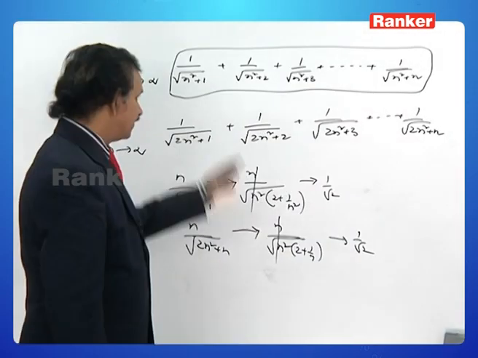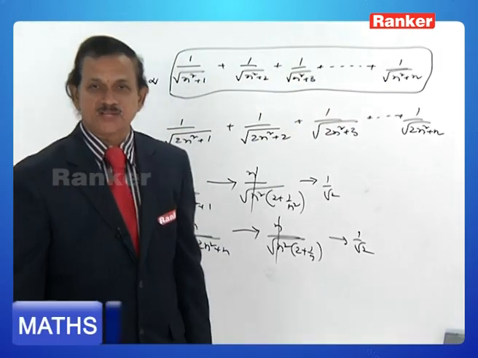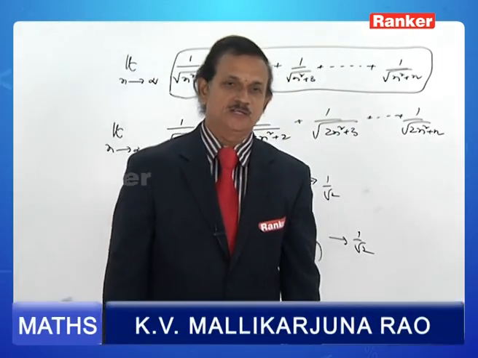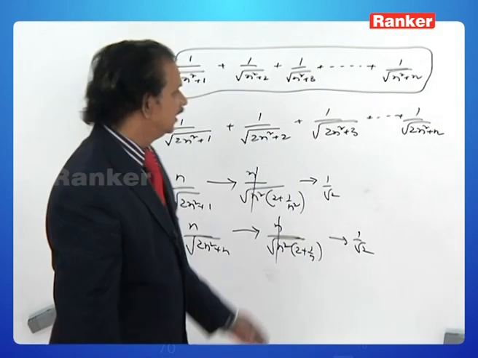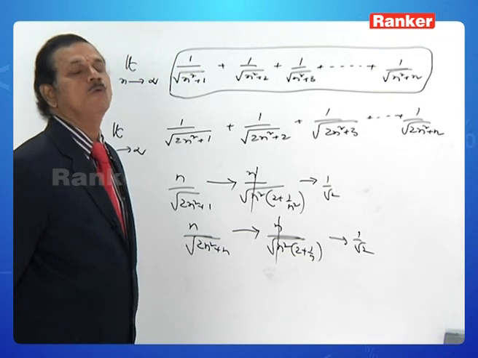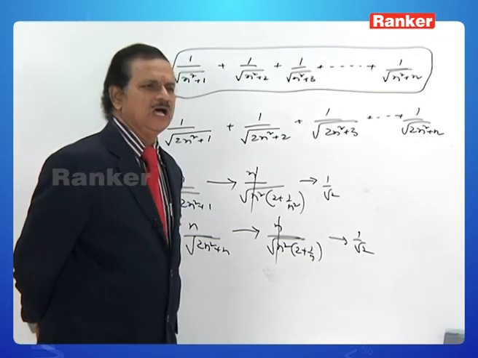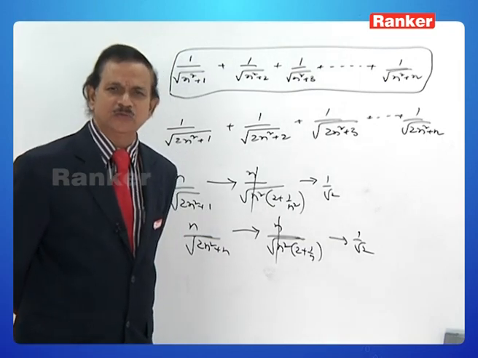Therefore, the first term with n and the last term with n yield the same answer as n tends to infinity, that is 1 by root 2. Hence, the limit of this function as n tends to infinity is again 1 by root 2. Like that, we can observe as many examples as we see.